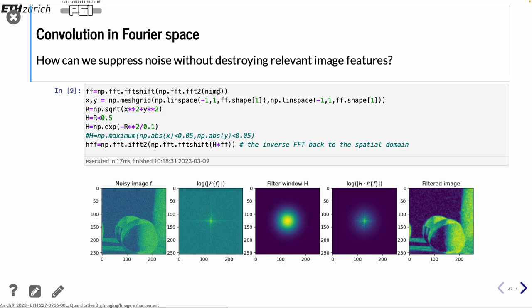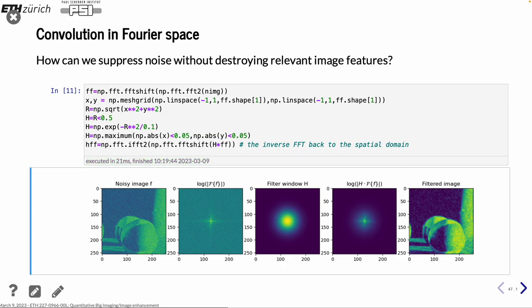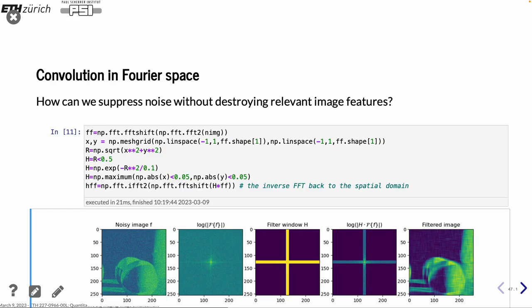We could also do more weird shapes, like this one. Now I'm only focusing on the frequency information along the main axis, and the filtering then looks like this cross here.